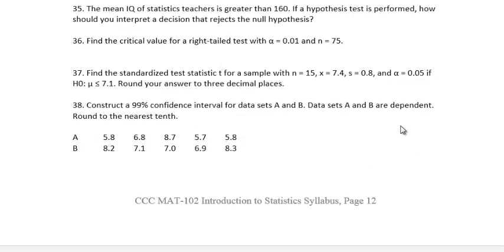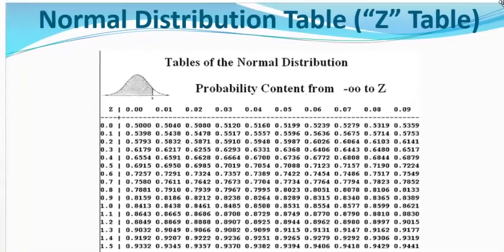Okay, 36. Let's see. We've got: find the critical value for a right-tailed test, a one-tailed test, with an alpha of 0.01, that's 1%, and an n of 75. Since n is more than 30, we're going to use the z-table, the normal distribution table.